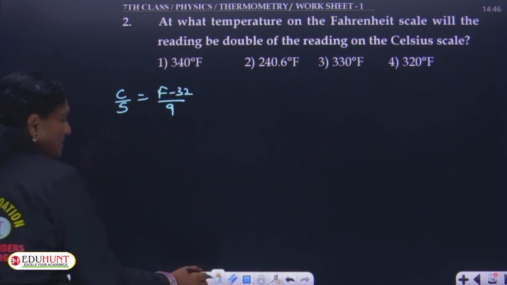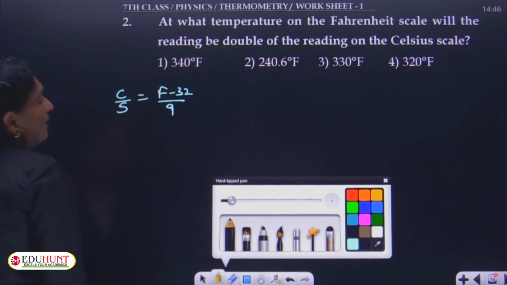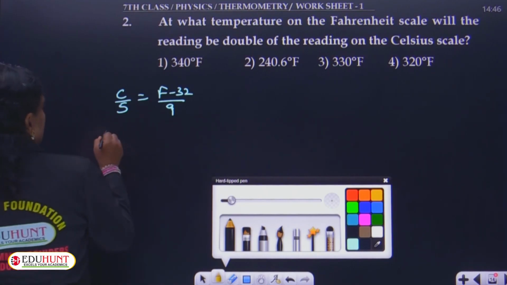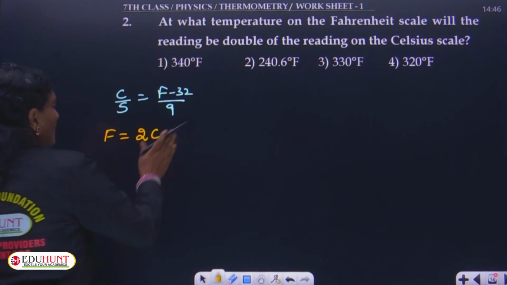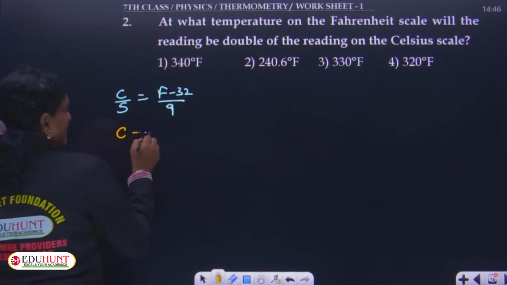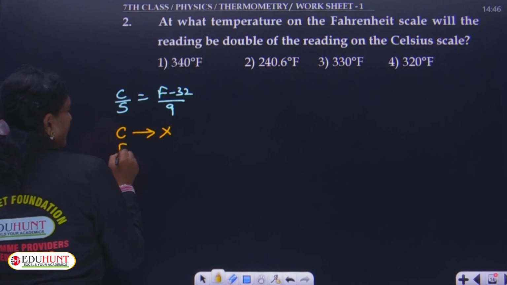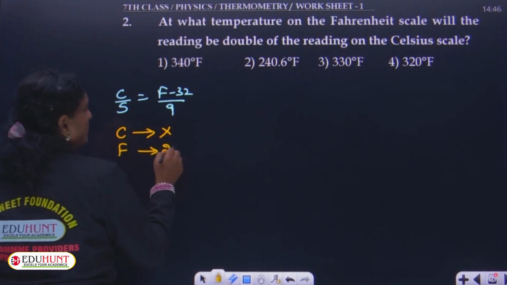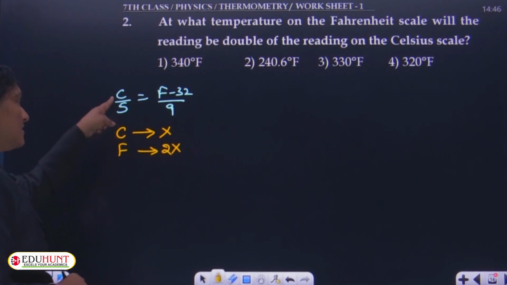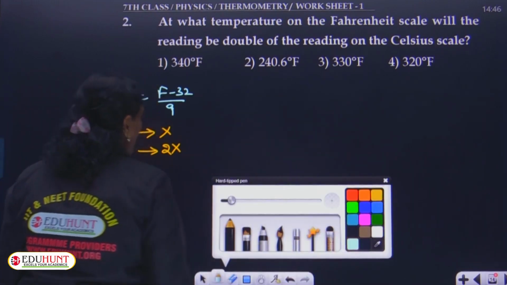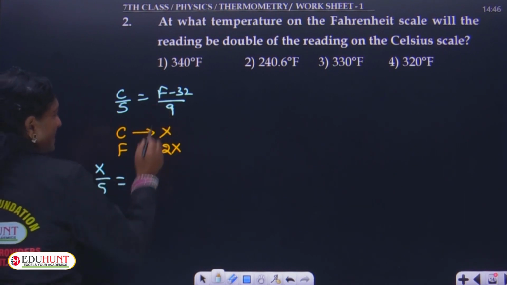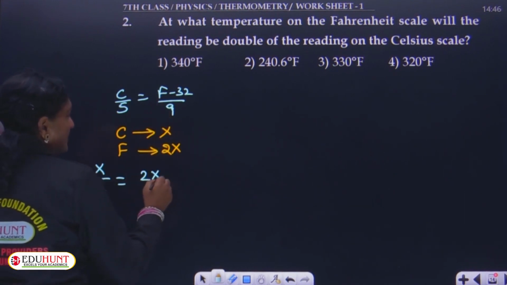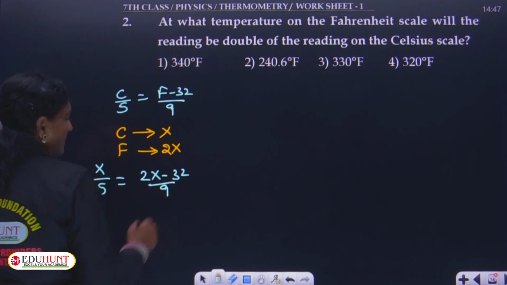According to the given condition, the Fahrenheit reading will be double the Celsius reading, so F equals 2 times C. Suppose you consider the C reading as x, then the F reading will be 2x. Substituting these values in the above equation, x upon 5 equals 2x minus 32 upon 9.